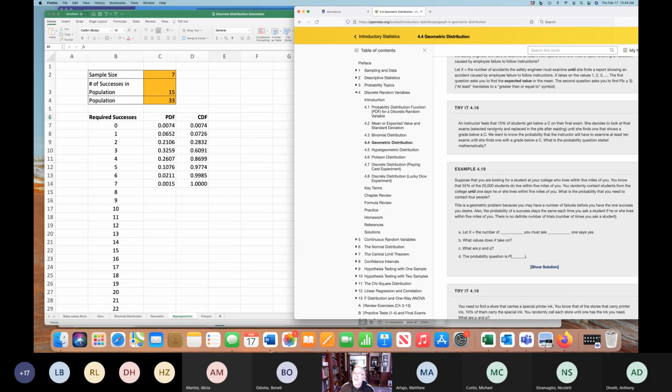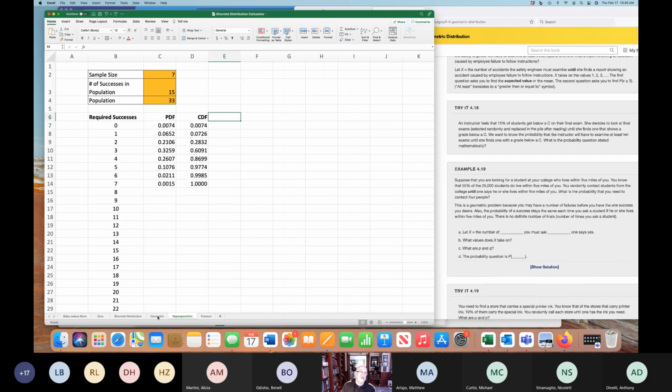She decides to look at final exams selected randomly and replaced in a pile after reading until she finds one that shows a grade below C. We know the probability that the instructor will have to examine at least 10 exams until she finds one with a grade below C. What is the probability question stated mathematically? But also, what is the probability that she has to look at least 10 exams before she finds the first one that's graded below C.